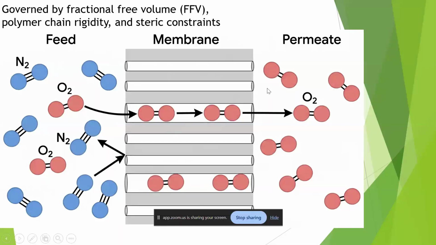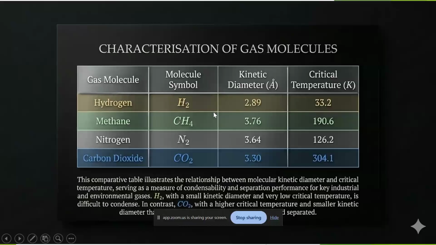So this is another type of gas separation mechanism where the fractional free volume of the polymer chain is taken care of. The fractional free volume, in a nutshell, is the amount of free volume which is left after the polymer chains are stacked inside. There will be some gap left which is in the angstrom level, as seen in the previous slide.